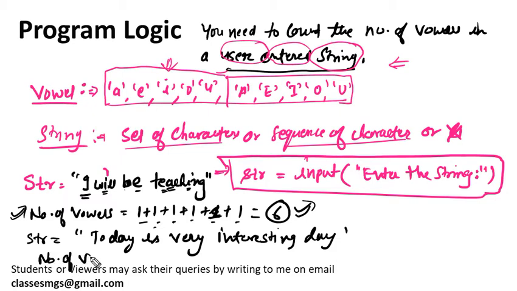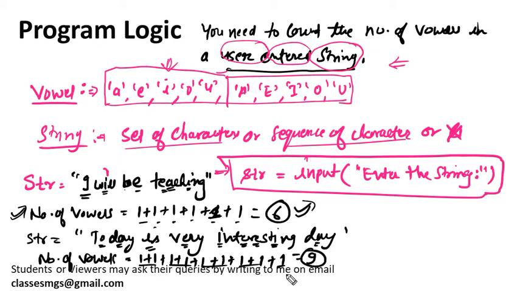O is one vowel, A is one vowel, I is one vowel, E is one vowel, then I, then in interesting, E, E, plus I, plus A. How many vowels are there? 2, 4, 6, 8, 9. So a total of 9 vowels are there, and your program should print 9 here.